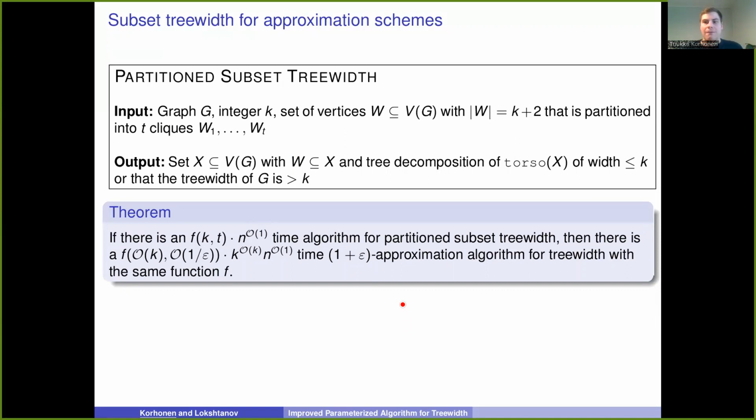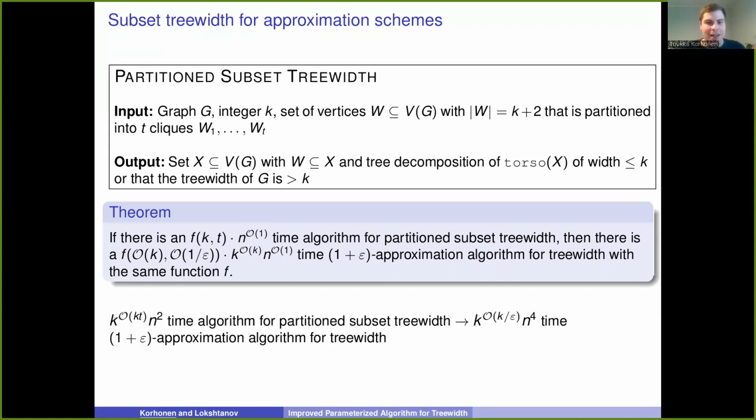So actually we don't give an approximation algorithm for subset Treewidth, but an algorithm for partitioned subset Treewidth, which is a proxy for approximation of subset Treewidth. What we show is that a k to the O of kt times poly n algorithm for partitioned subset Treewidth implies a 1 plus epsilon approximation for Treewidth. And this is our result.